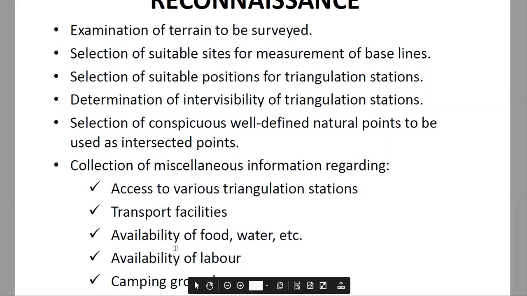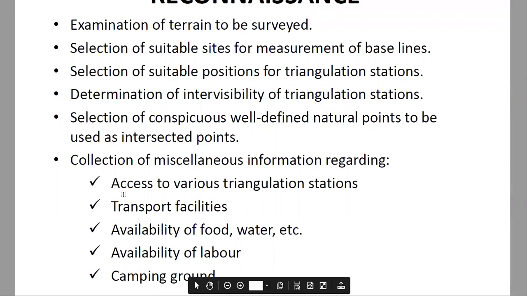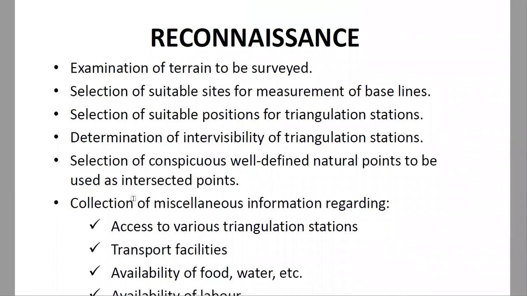Because the workers, the laborers, need them for their survival. Availability of labor, camping ground. There should be a provision for camps. So these are the basics of reconnaissance of triangulation.